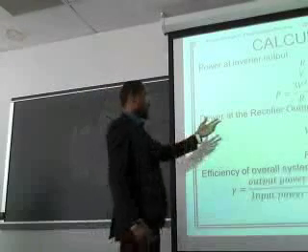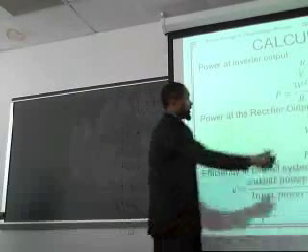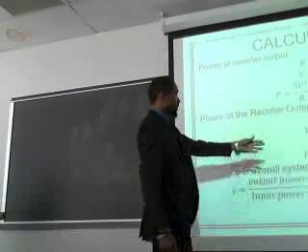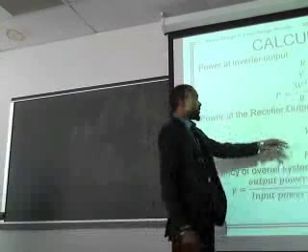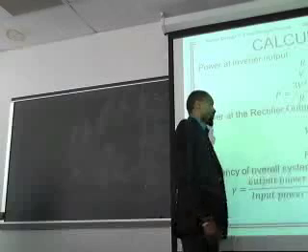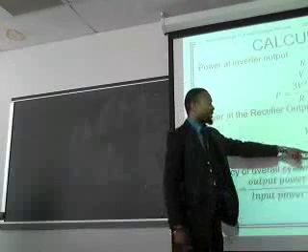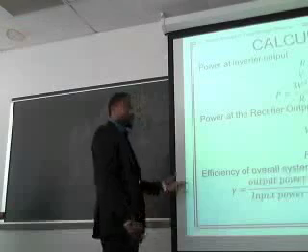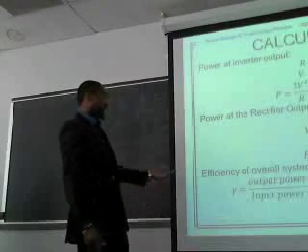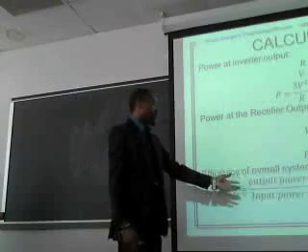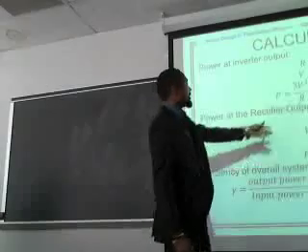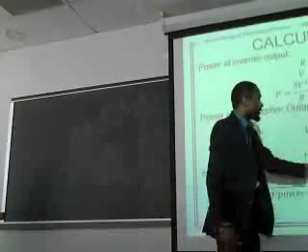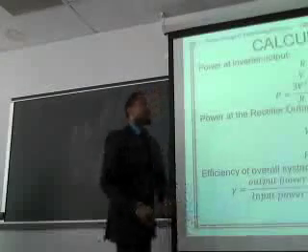Then the power in the rectifier circuit: power is the current times voltage. The voltage is 172, and the current drawn from the rectifier system is 2.94. So the total power right here is 505.68. Then for efficiency, we use the output power over the input power times 100. This divided by this, we have 95% efficiency.